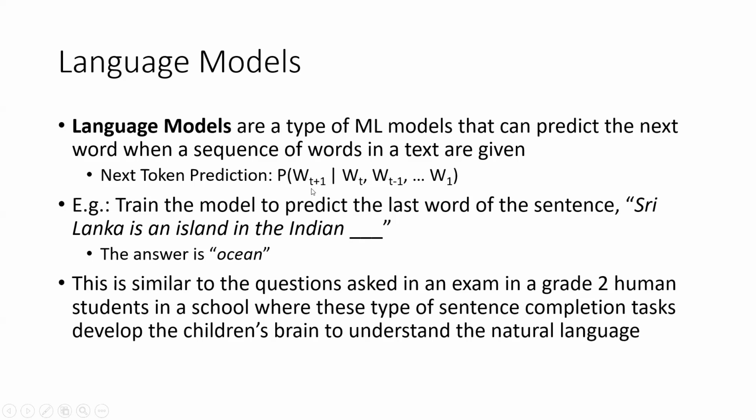So this is also a problem of predicting the next token in a sequence model. This is an instance of sequence model prediction. Because this uses natural language, we call it a language model, right?